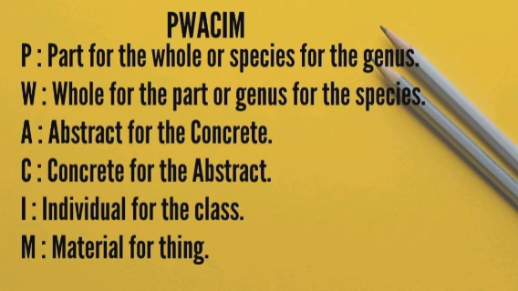Silk is the material of which the dress is made, right? So material for the thing. So when one is saying he is dressed in silk, it doesn't mean he has taken out silk and worn over. Okay, he actually refers to the silk clothes. Okay, so material for the thing. So the material will be mentioned and the thing is actually meant.